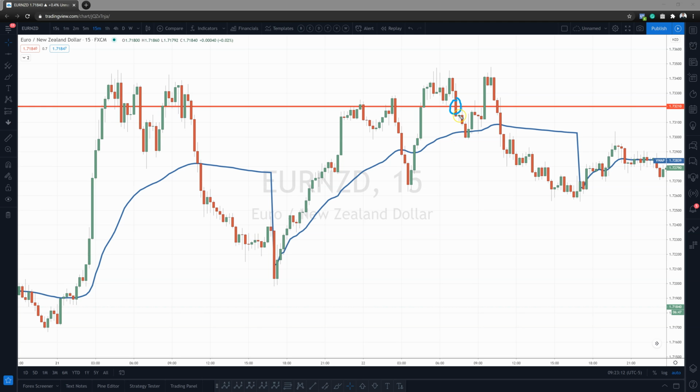And the price started to move higher. It didn't hit my stop loss, but it was far from the VWAP. And we have a close below the VWAP, then we have a bounce, then we have a second close below the VWAP.